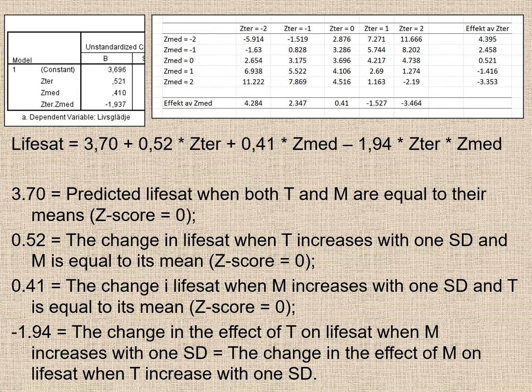That means that if medication increases by one standard deviation, the effect of standardized therapy on life satisfaction, the coefficient for that effect, decreases by 1.94. So that is the change in the effect of therapy on life satisfaction when medication, in this case standardized medication, increases by 1.